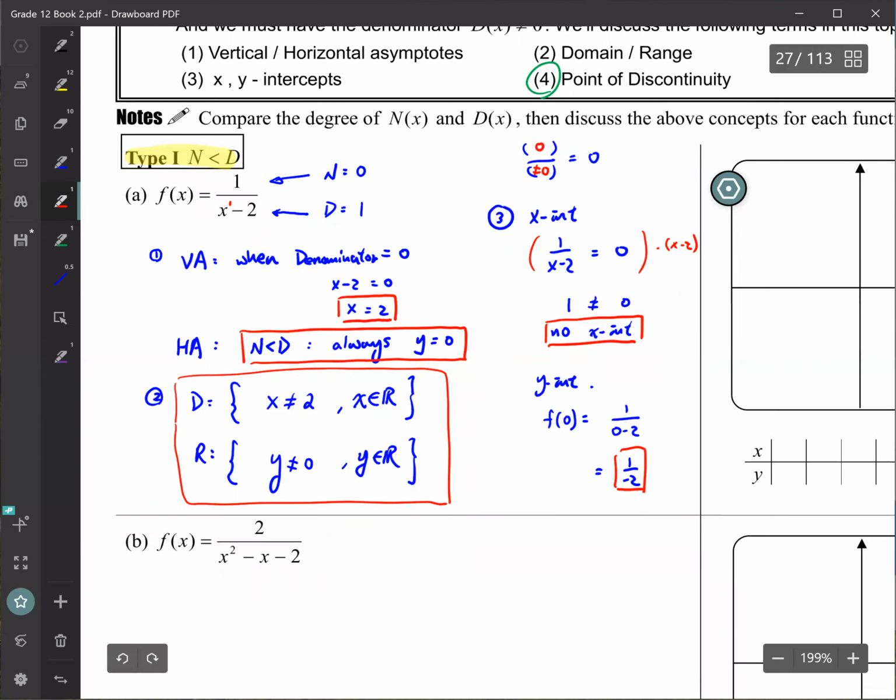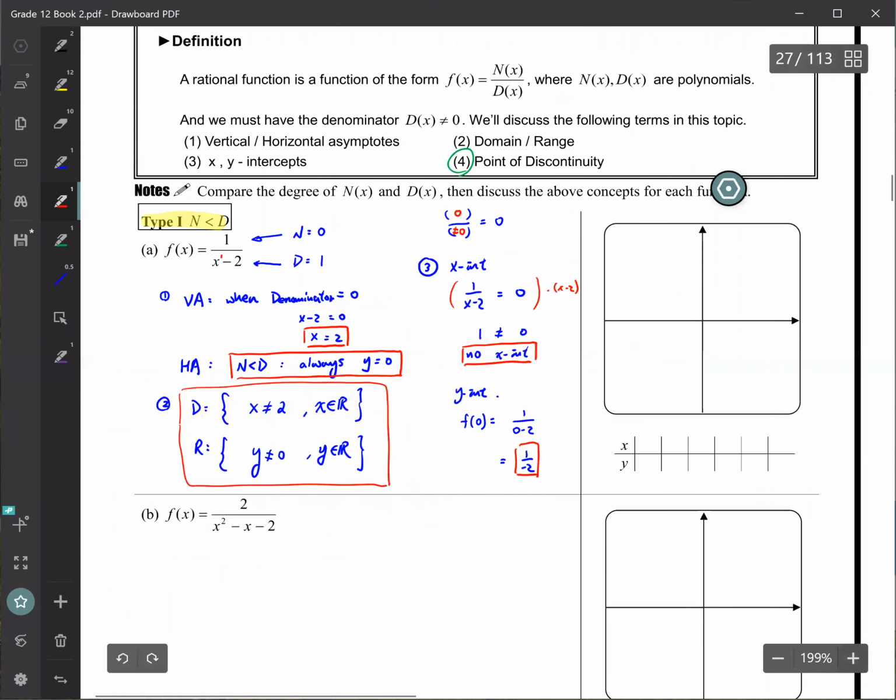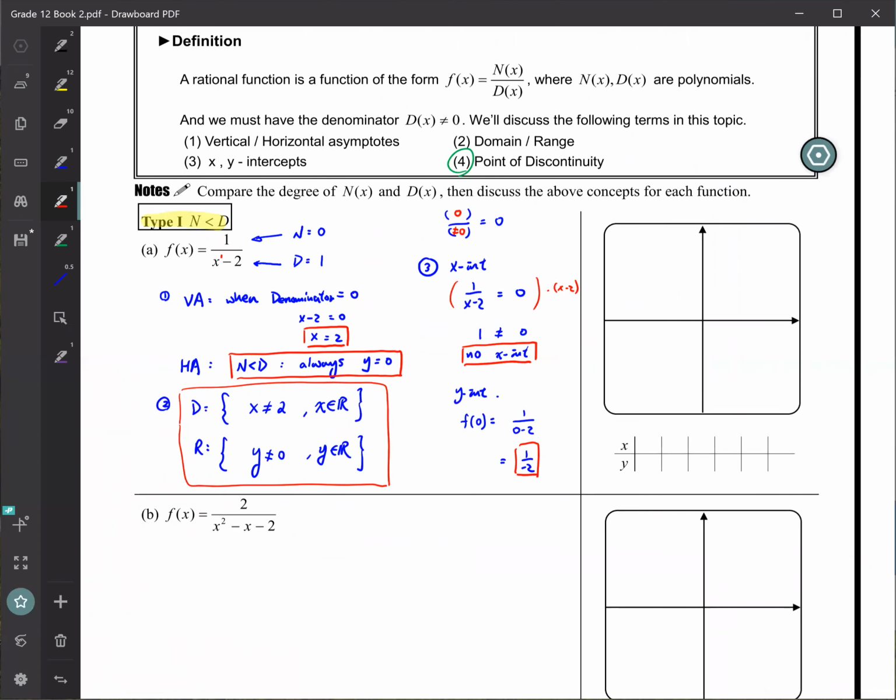Now, when we draw the graph, we need a table of value, but then we want to choose the table so the points are important, right? So the most important place is the vertical asymptote, okay? Vertical asymptote is at 2. So I'm going to put the 2 in the middle, okay?